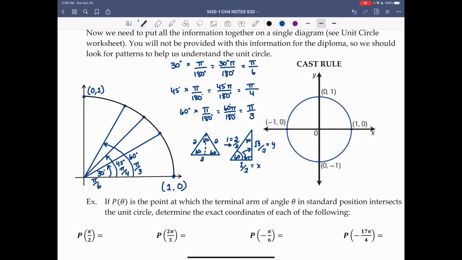So for the point where the terminal arm for the angle 60 degrees meets the unit circle, our coordinate point would be positive 1/2 and positive root 3 over 2. Then we can rotate this triangle so that the 30 degrees is in the bottom left.